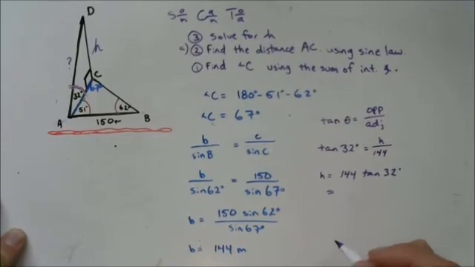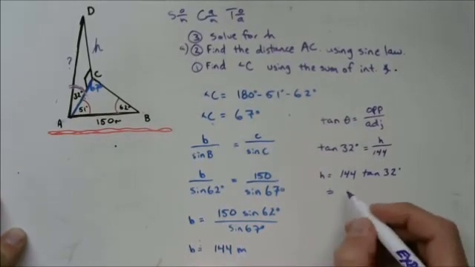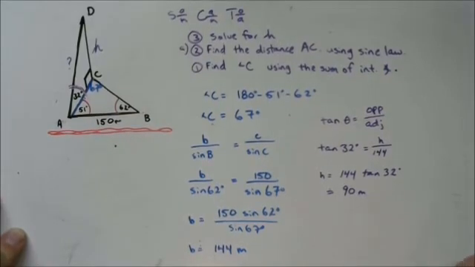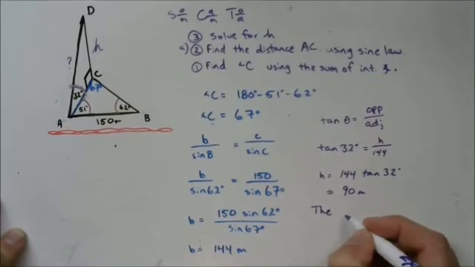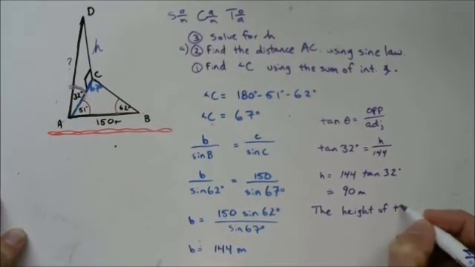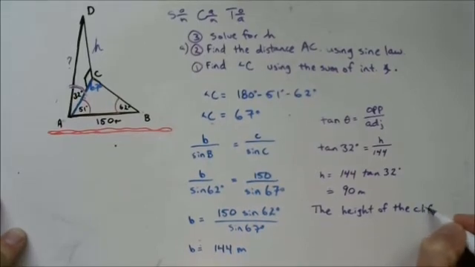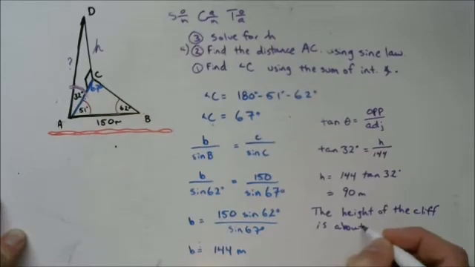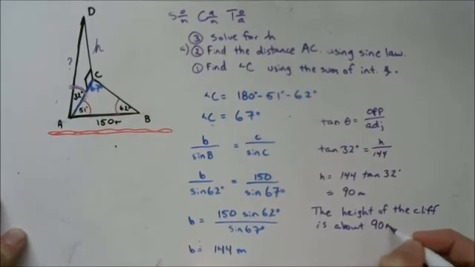which, if I click away gently in my calculator, gives 90 meters. Finish with a statement. The height of the cliff is about 90 meters.